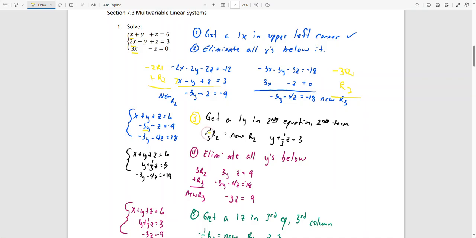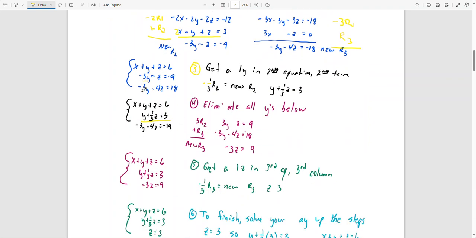So I am going to multiply row 2 by -1/3. We can multiply any row by a non-zero number and replace it. So I'm going to divide by a -3 everywhere. When I do so, I'll get y plus 1/3 z equals 3. I replace that here. My new equation 2: y plus 1/3 z equals 3.